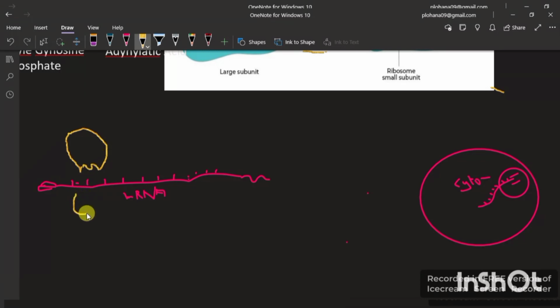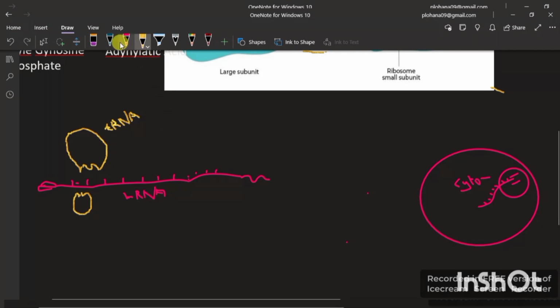So here we have another ribosome. These are basically made up of rRNA. So rRNA made the ribosome. And here we have mRNA.